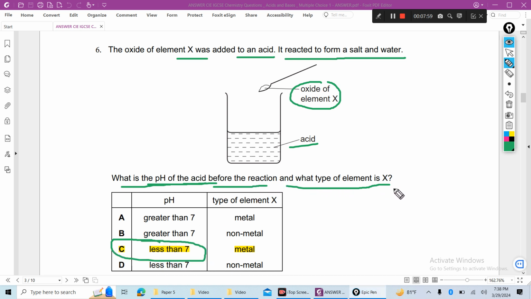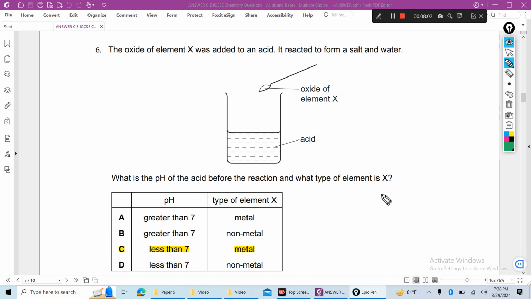And what type of element is X? So X is a metal. Oxide of X means metal oxide. Metal oxide reacts with acid to form salt and water. So X is a metal.